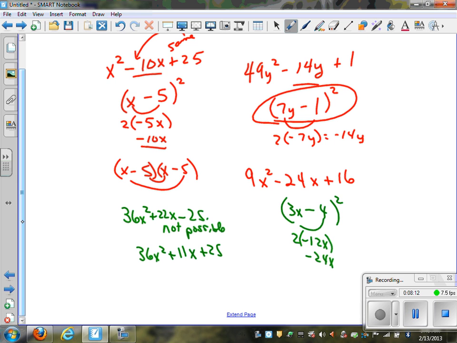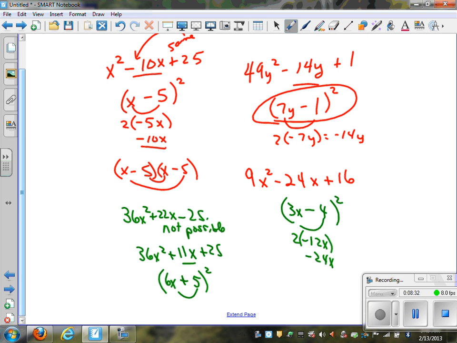No, can't do it. Why doesn't it work? The signs have to be the same, they're both plus. You have to multiply this and double it. Are you getting 11? No. So that does not work.